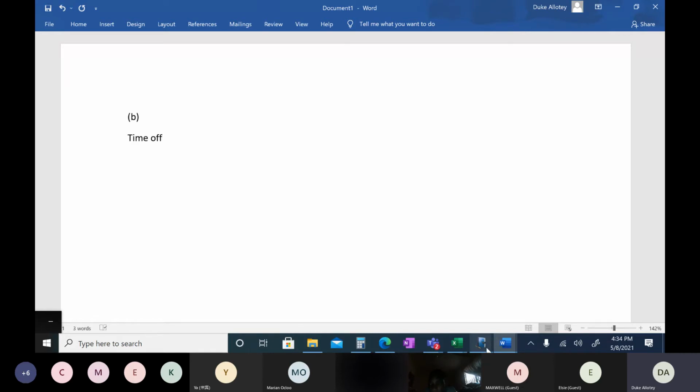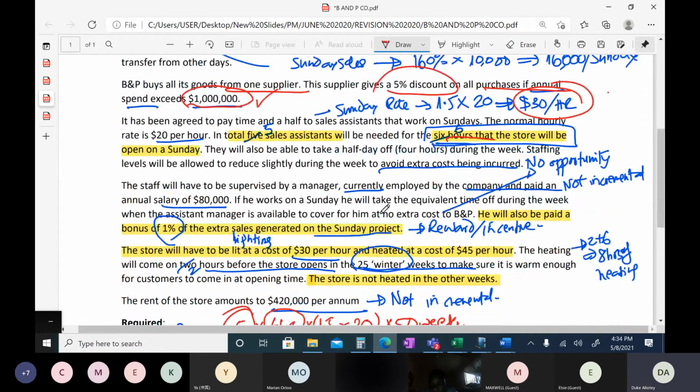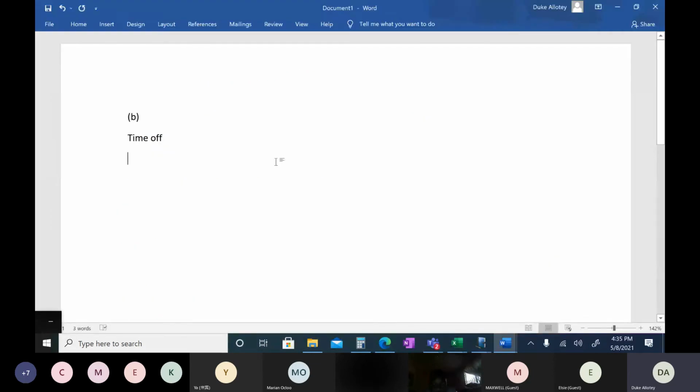Now, what is he getting time off for? The details are here. It says, if he works on Sundays, he will take equivalent time off during the week when the assistant manager is available to cover him at no extra cost. Okay. So we want to look at what the situation is.